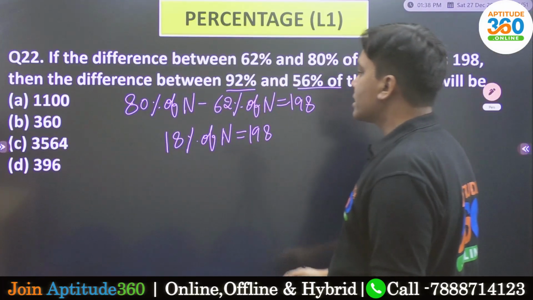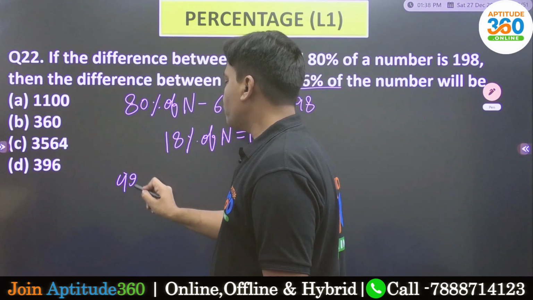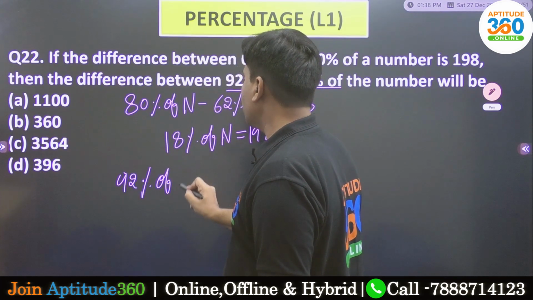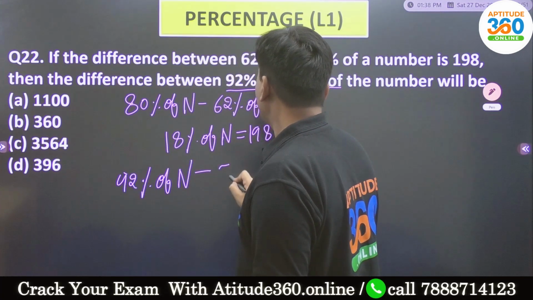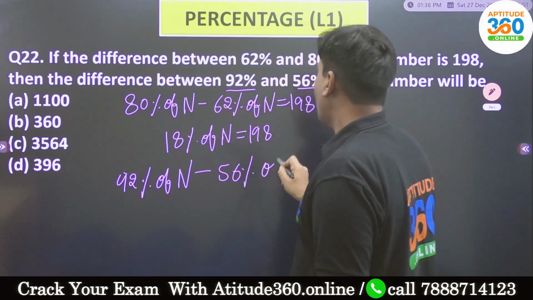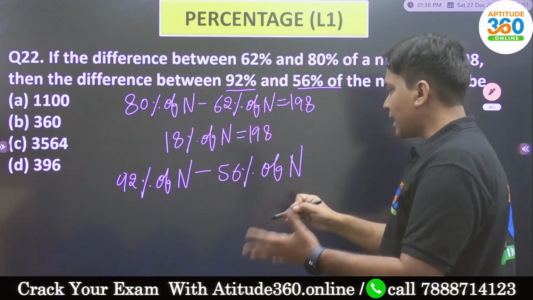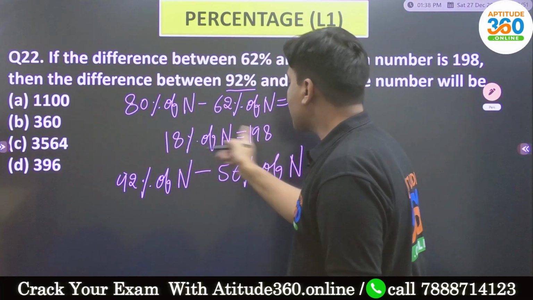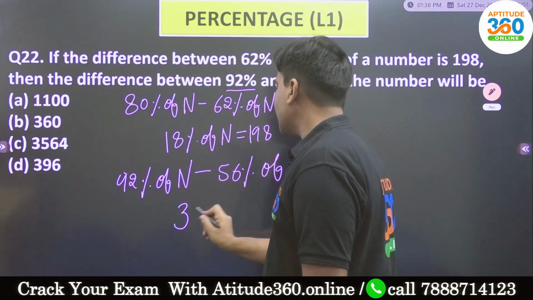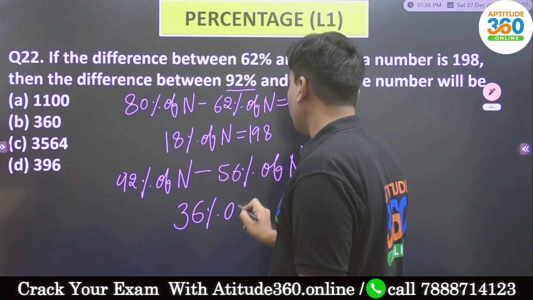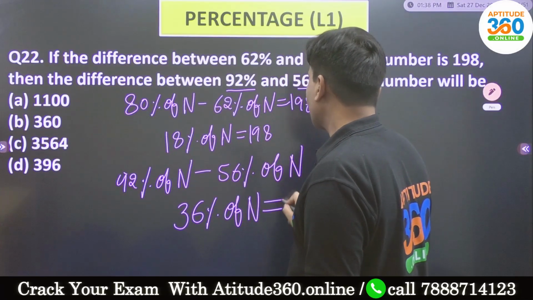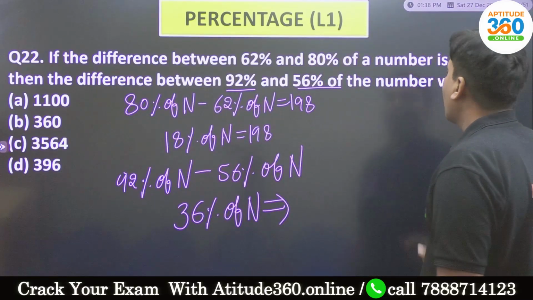So what is the difference between 92% of the number minus 56% of the number? That is what they are asking you. और अगर आप subtract करोगे तो you will find out it is nothing but 36% of the number. है ना भाई? सिंपल.